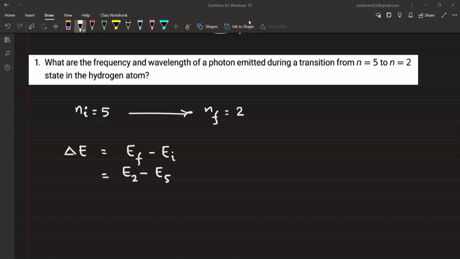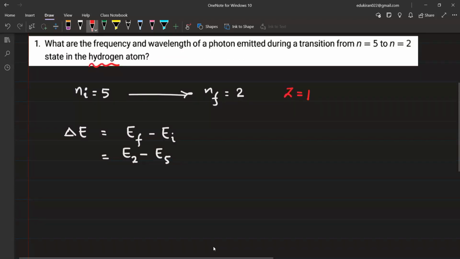Now for the hydrogen atom, we have the values of n: 5 and 2. What is the atomic number of hydrogen? Yes, very good, it is 1. Now we just plug in the values.